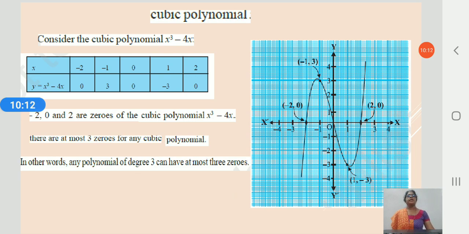If x is equal to negative 1, the value is negative 1 whole cube minus 4 into negative 1, that becomes 3. If x is equal to 0, the polynomial becomes 0 cube minus 4 into 0, which is 0 only. If x is equal to 1, the value is 1 cube minus 4 into 1, which is negative 3. And if x is equal to 2, the value is 2 cube minus 4 into 2, which is 0.